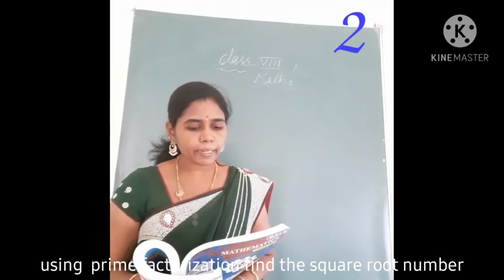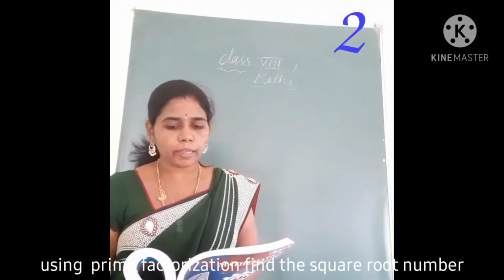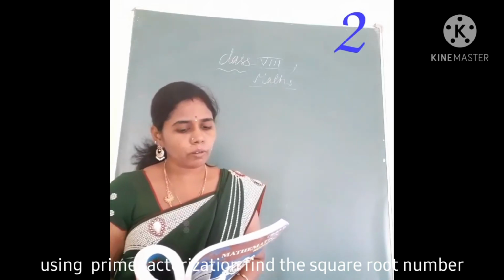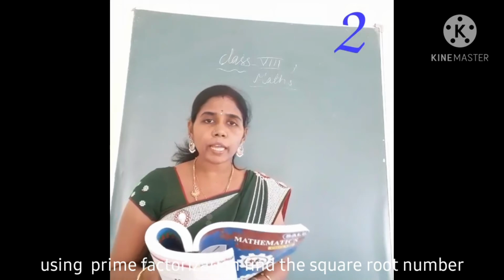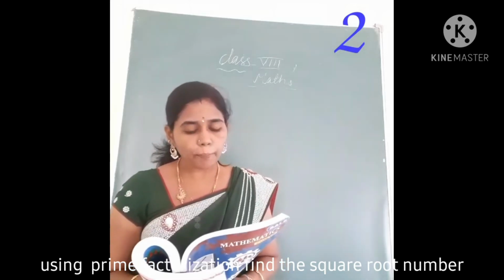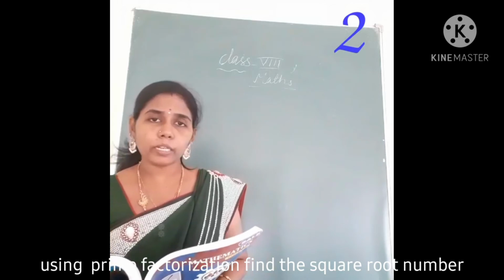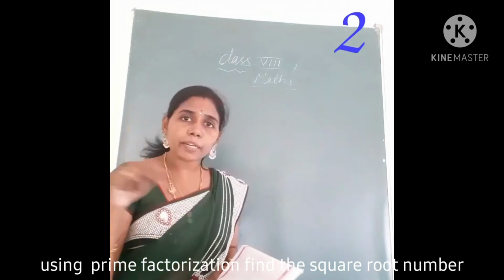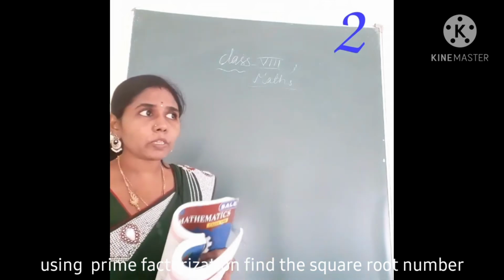1521 trees are planted in a garden in such a way that there are as many trees in a row as there are rows in the garden. Find the number of rows and the number of trees in each row. See here what is asked: as many rows as there are, that many trees are planted. So here it means x into x, because it is a square model.